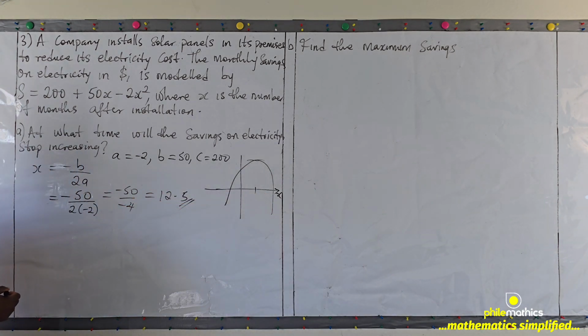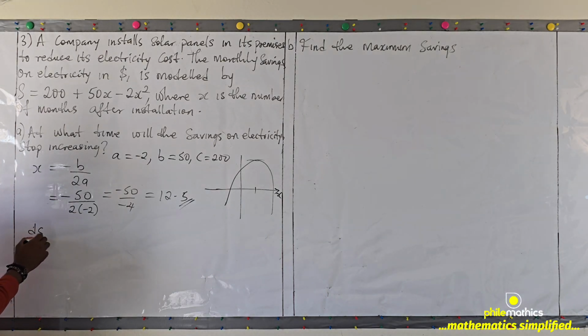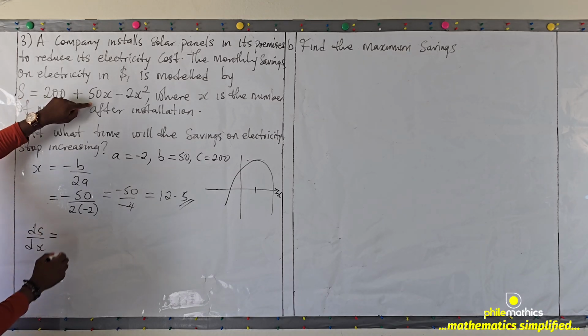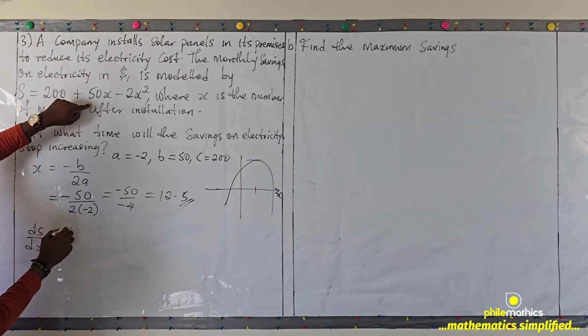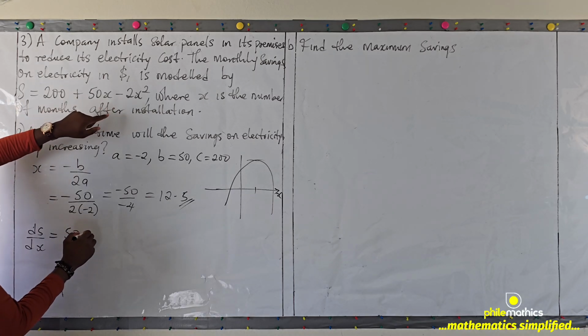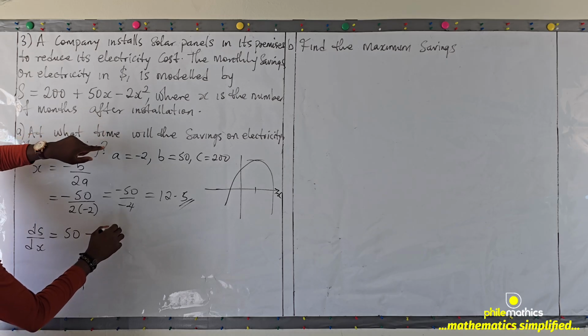Another way we can do this is using the formula for finding critical points. We'll differentiate: if we differentiate a constant, it is 0. If we differentiate 50x, we'll have 50. If we differentiate minus 2x squared, we'll have minus 4x.